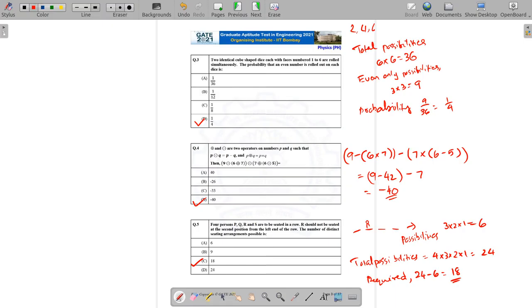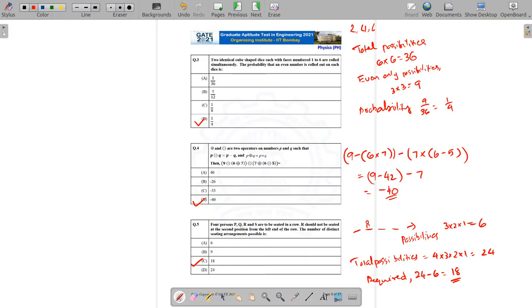Next one, the fifth one. The 4 persons P, Q, R, S are to be seated in a row. R should not be seated at the second position from left. The number of distinct seating arrangements. Okay, so let's check the other way around. How many possibilities are there in which R is on the second position from left?